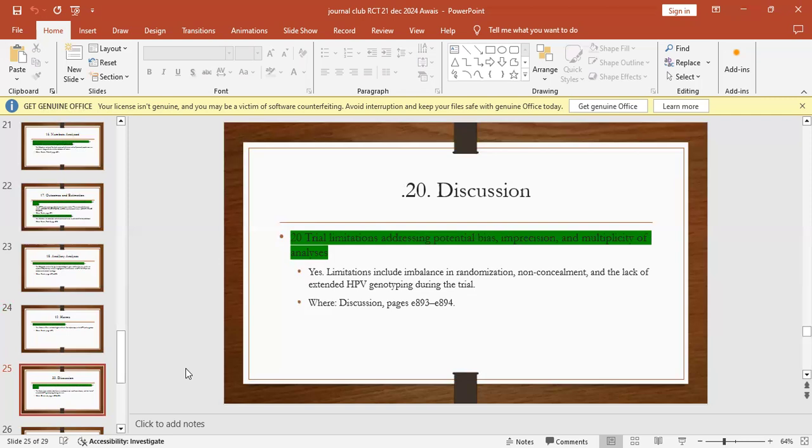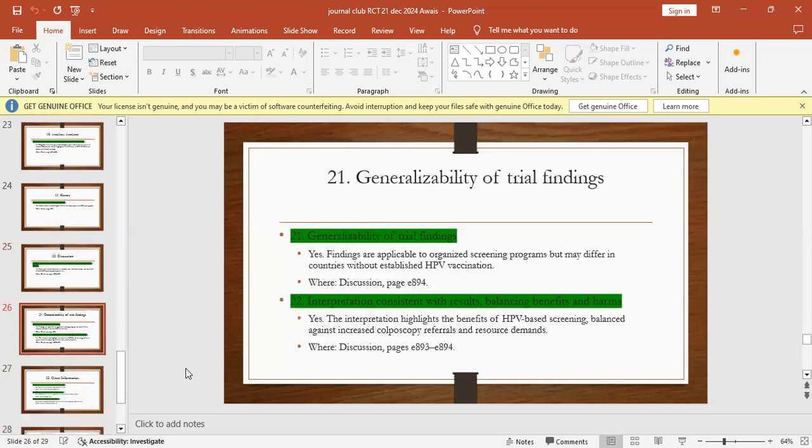Now coming towards the discussion, the article has given its discussion comparing its results with already published results. We have to describe the trial limitations, addressing potential bias, imprecision, and multiplicity of the analysis. Yes, limitations include imbalance in randomization, non-concealment, and lack of extended HPV genotyping during the trial.